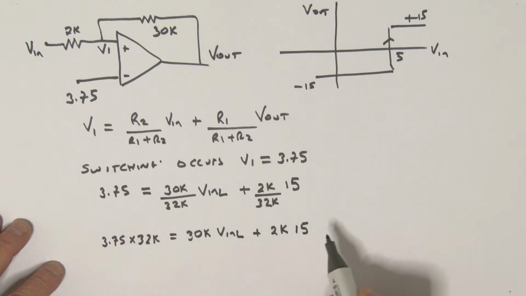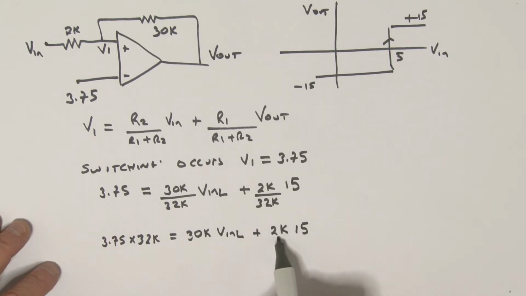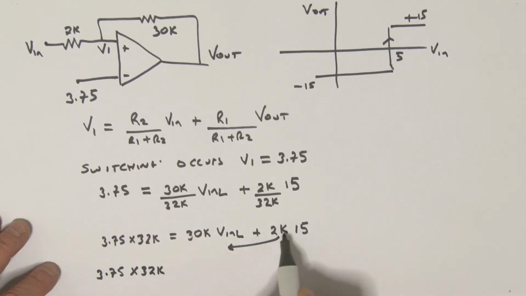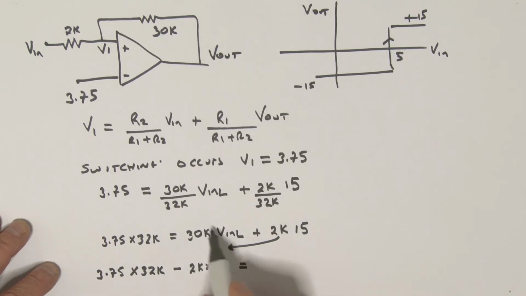All right, so what do we need to do? We need to take this guy to the other side. And so we have 3.75 multiplied by 32K. This going to the other side becomes a minus, doesn't it? 2K times 15.